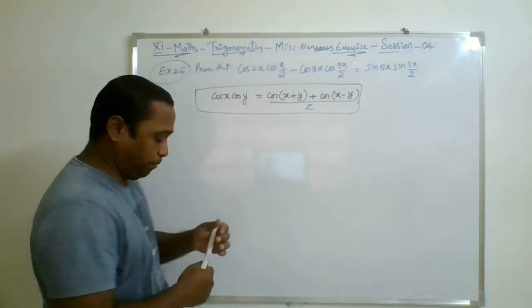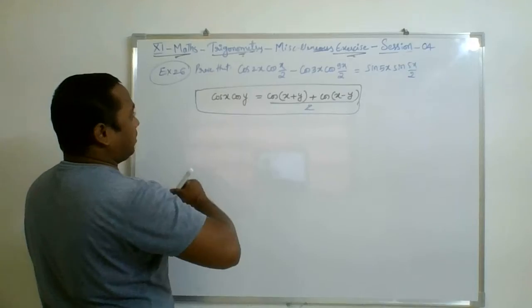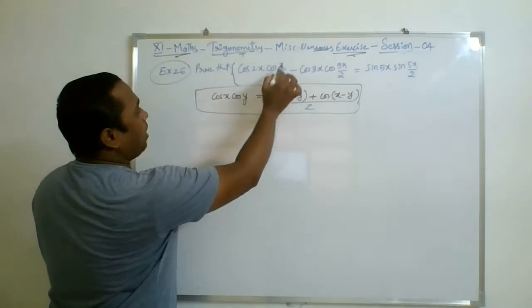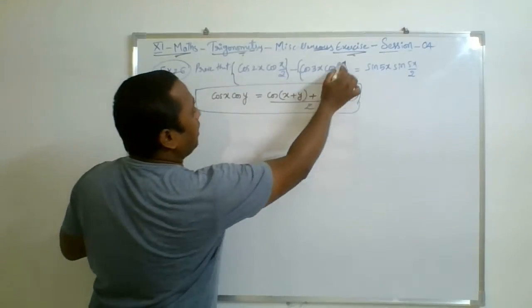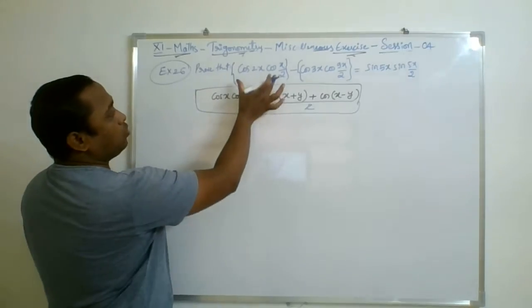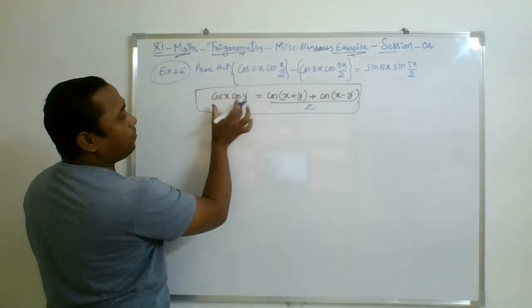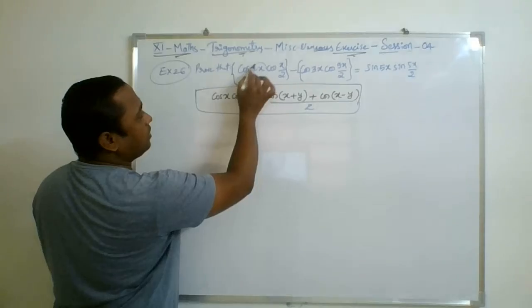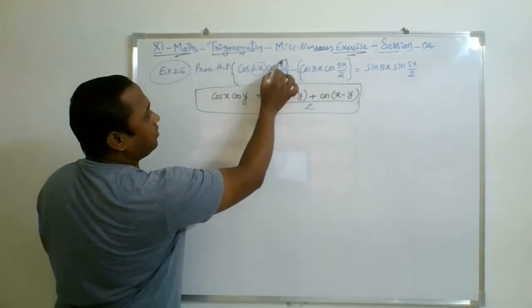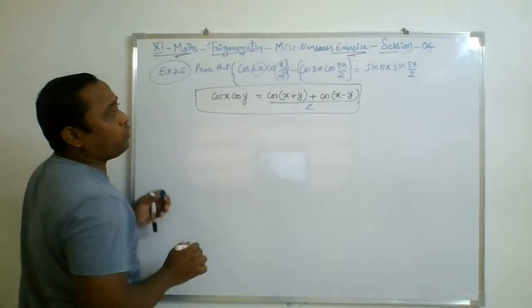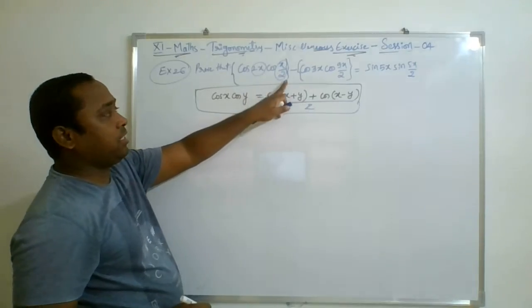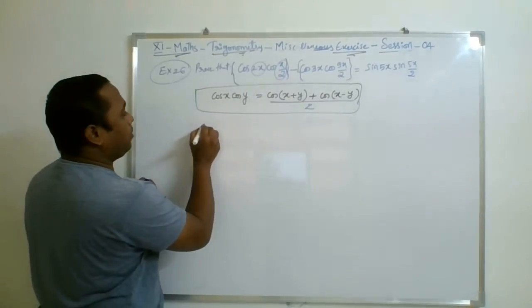The formula remains the same. These are two parts, and it is exactly in the form of cos x into cos y, where this is treated as x and this entire angle is treated as y. I am applying the formula over here.